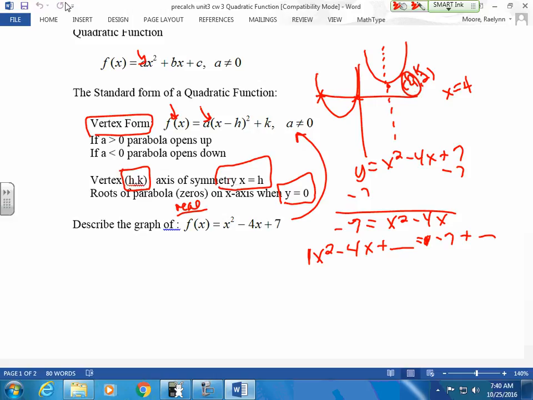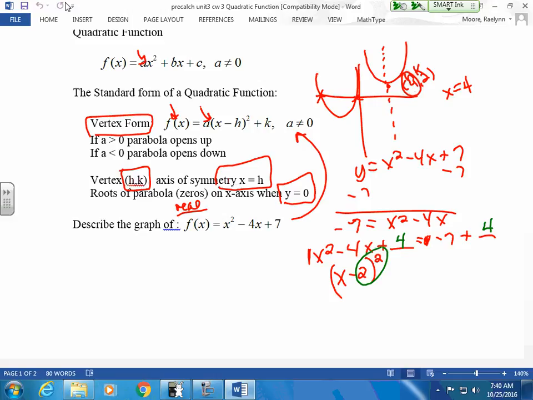So this is your B term. You take half of your B. What is half of negative 4? So start like this. X minus 2. This is your square part. Then just go like this. What is 2 squared? Even negative 2 squared, they will always be positive. So if you add 4 to this side, you add 4 to this side.